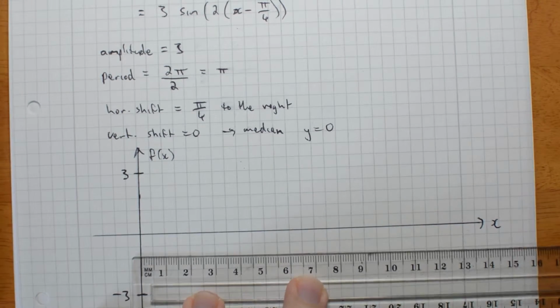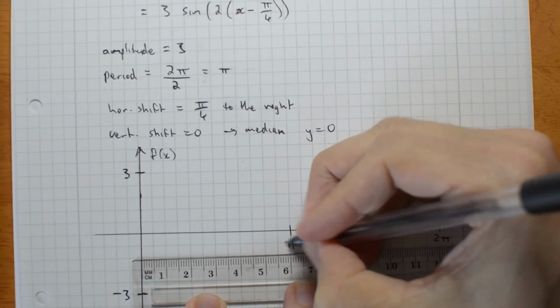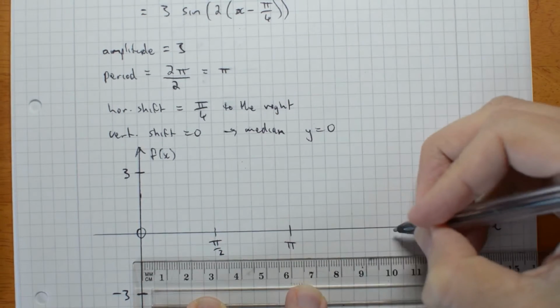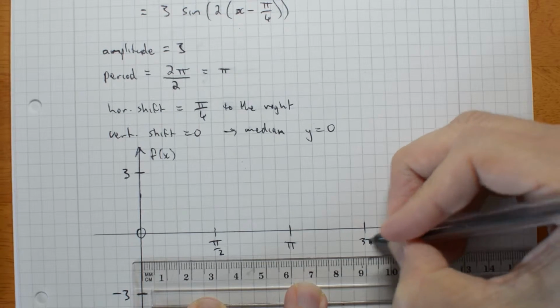Horizontal positions, 2 pi, pi, 0 of course, pi on 2, and then 3 pi on 2.